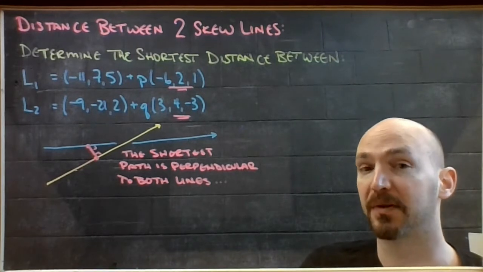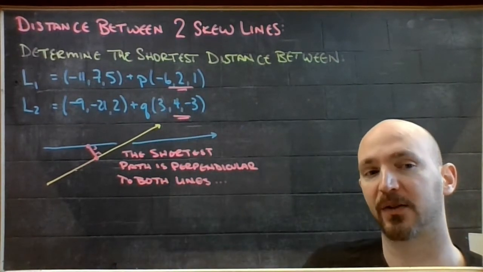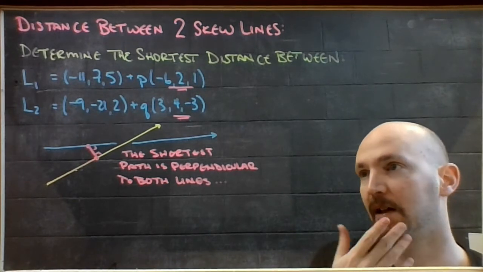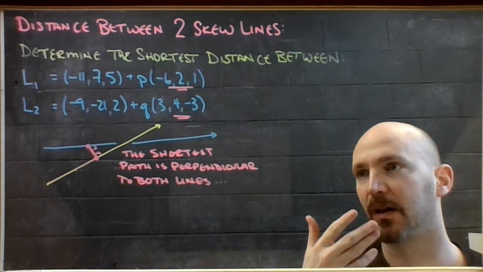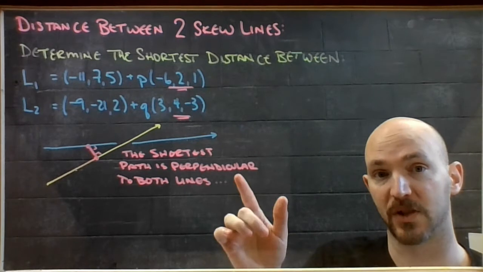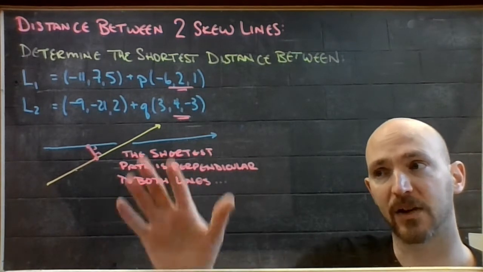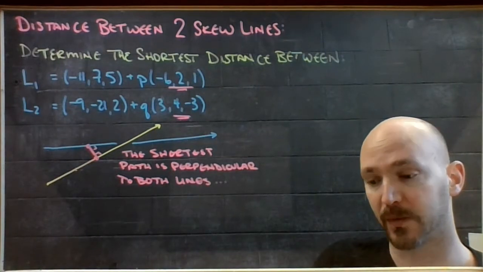So I'm going to need a third vector that is perpendicular to both of these, and that is the purpose of cross product, to take two inputs and generate a third vector that is perpendicular to both. So once I have that, I'm going to do an example that's very similar to the distance from a dot to a line. I'm going to get that cross product done first, and then I'll clear up some space so we can go from there.